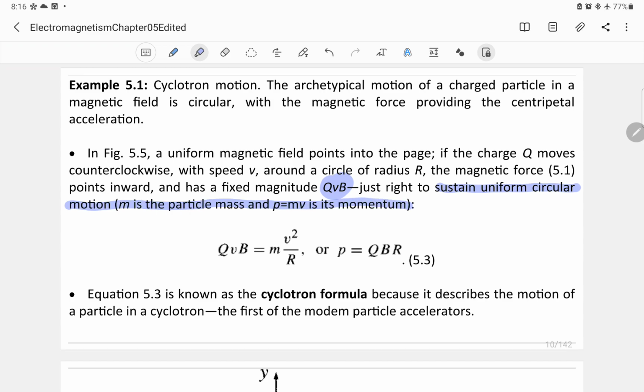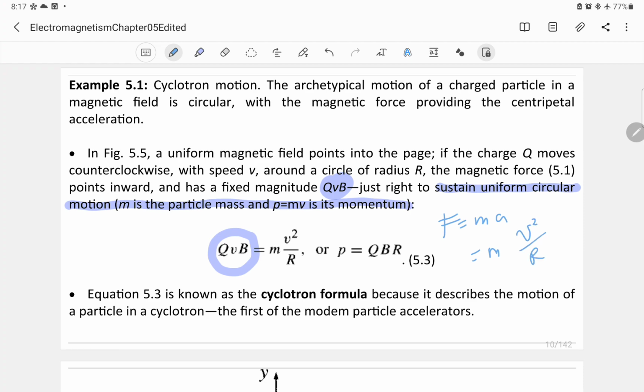And now your QVB, this is the force to the center, and the force to the center is also what we call centripetal force. And centripetal force, back in your study of mechanics, is equal to MA. But your acceleration here is equal to V square over R in circular motion.